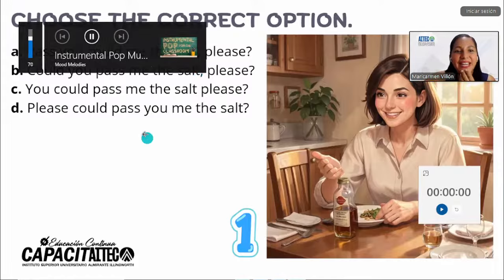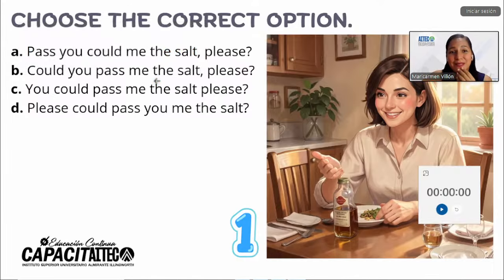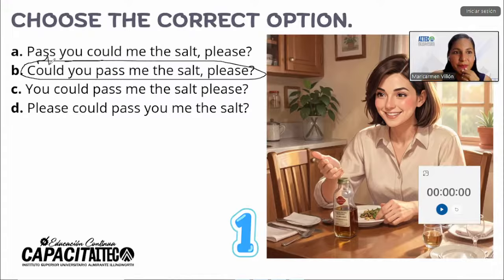Yeah, very easy, right? So now you can say, could you pass me the salt, please? Nice. Ajá. Well, fíjense, entonces tenemos el modal verb, the subject or the personal pronoun, the verb in its base form, the object, the complement, and the please to make it more polite. Yeah?